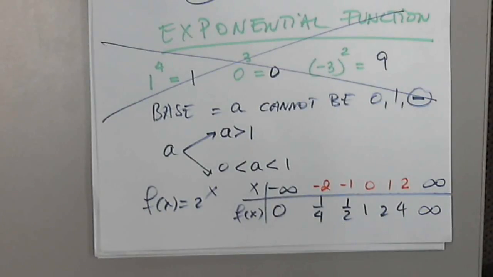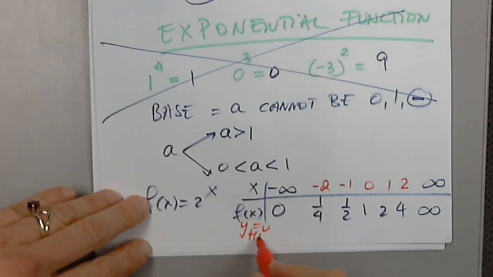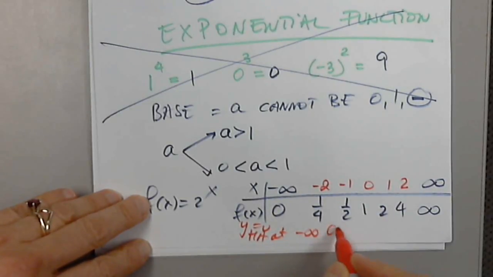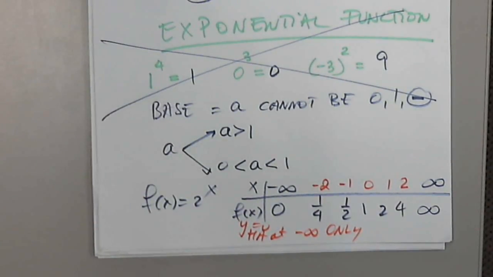Only at -infinity. So y equals 0, horizontal asymptote at -infinity only. We had rational functions with the same horizontal asymptote on both sides. We have never had something like this: a horizontal asymptote here and a blow up here.